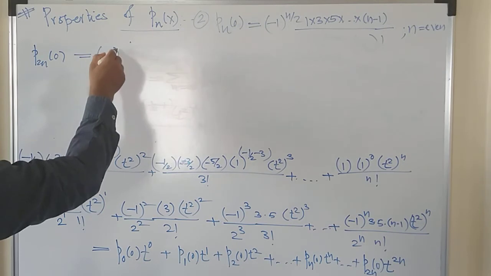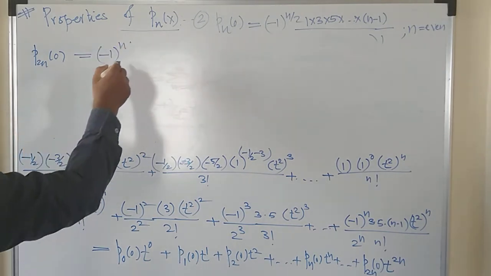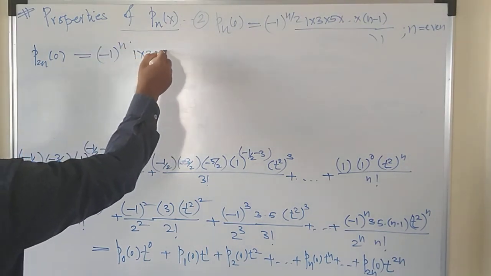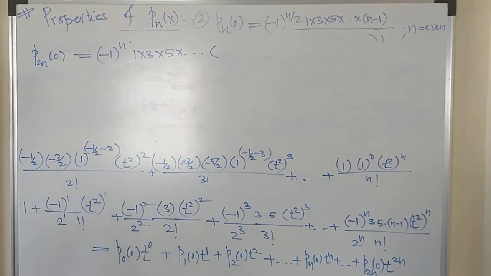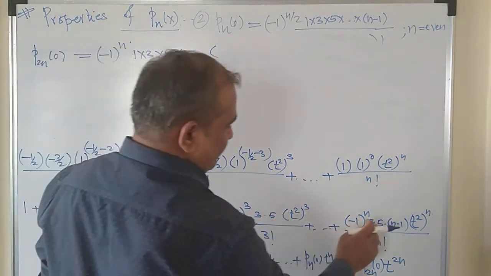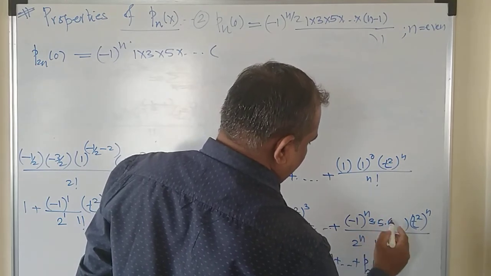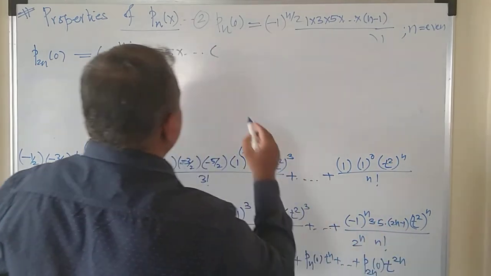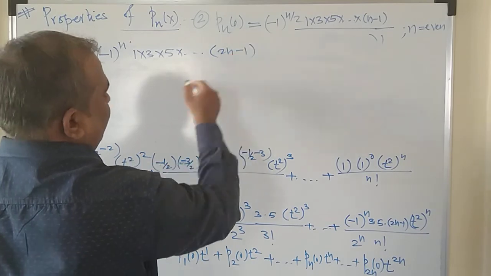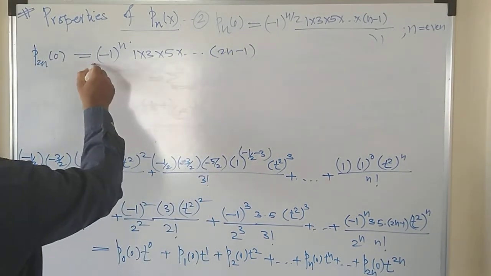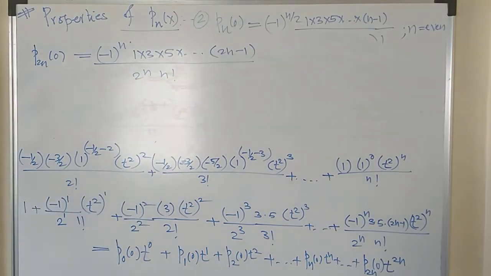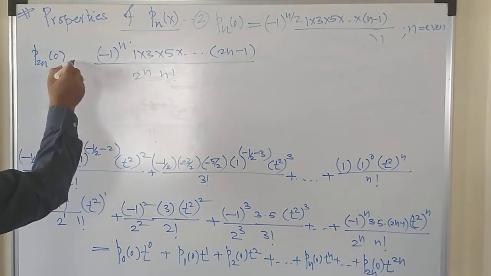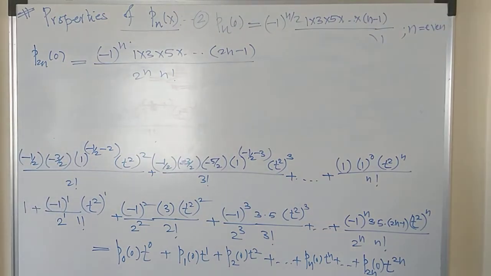I will write this as minus 1 raised to n, and 1 into 3 into 5 into, here you will get 2n minus 1, an odd number, no? So 2n minus 1, divided by 2 raised to n into n factorial, right? So we got this on comparing.